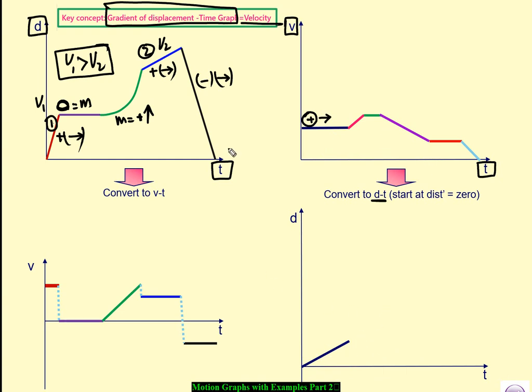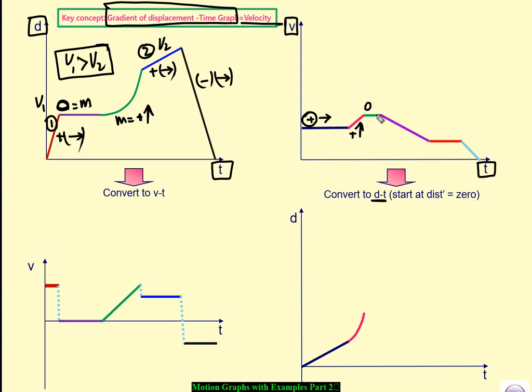Now next part, as you can see, the velocity is positive, but velocity is increasing. It means the gradient here has to be positive and increasing. So this is how we can sketch here. Next part, we can see the gradient of the next part.